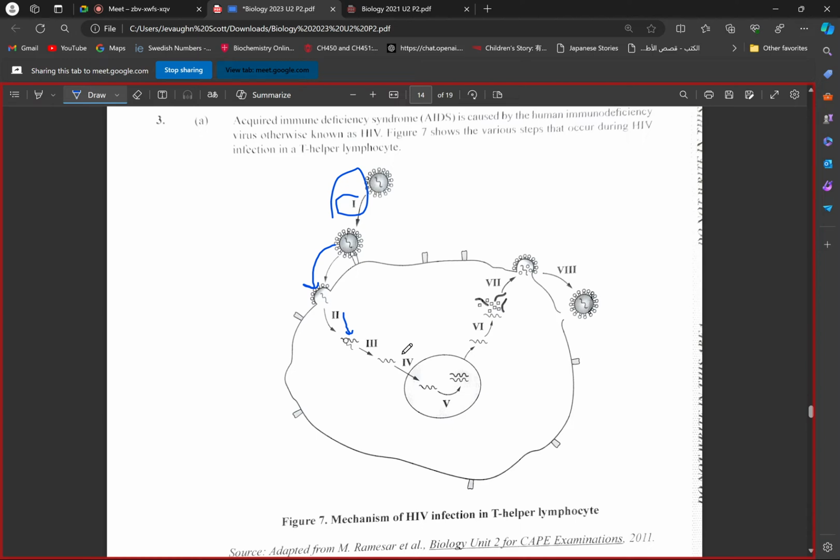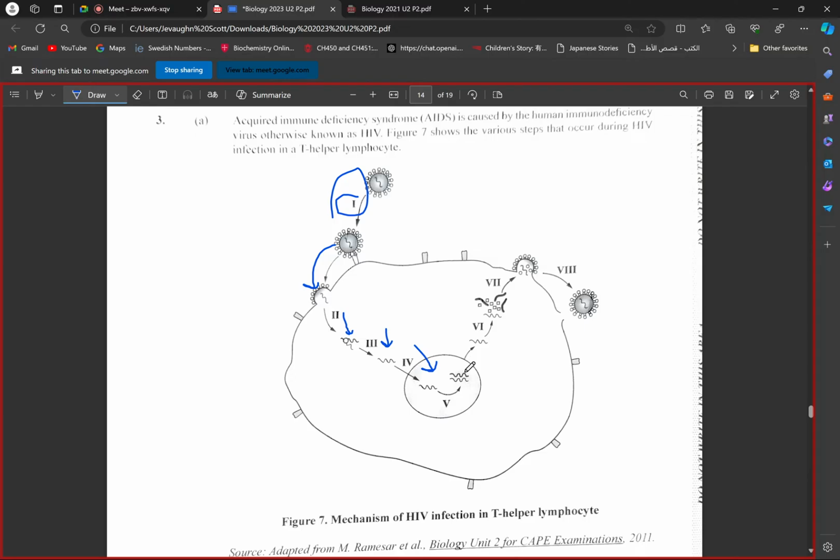At 4 now, we enter into the nucleus through the nuclear pores, where we're going to have RNA replication with my transcriptase enzyme that also exists within the capsule of the virus. I'm going to use that now to create more of me, basically. So use the cellular machinery of the cell to create more viruses.